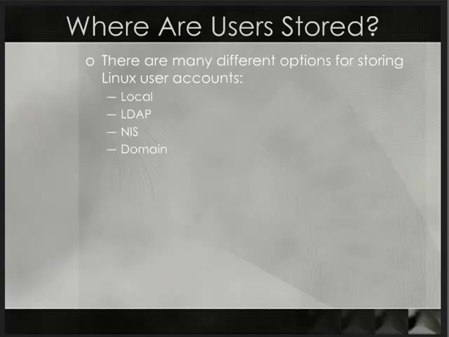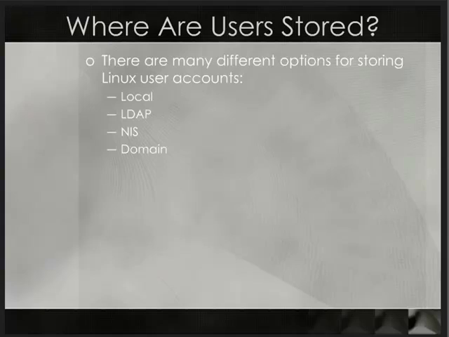It also allows you to store your user accounts on one Linux system in your network, and then have all your other Linux systems redirect authentication attempts to that system, so you store your user accounts in one central location. Very powerful. Similarly, you can also use NIS. NIS stands for Network Information Service. It's designed to provide centralized user account management. It's very useful if you have multiple systems that all need to use the same user accounts, kind of like we talked about with LDAP.